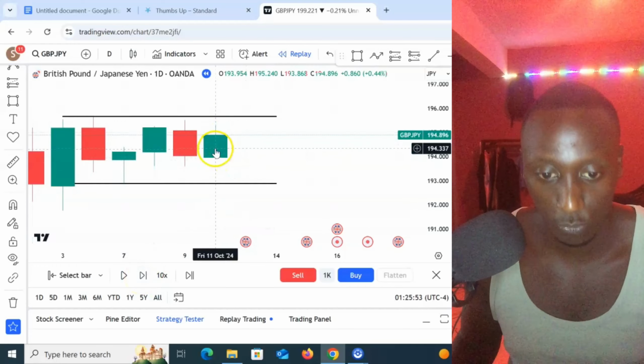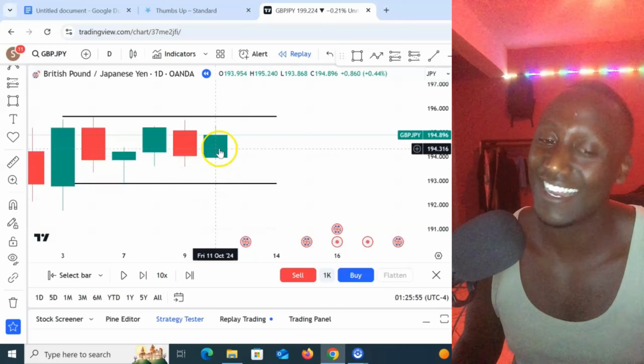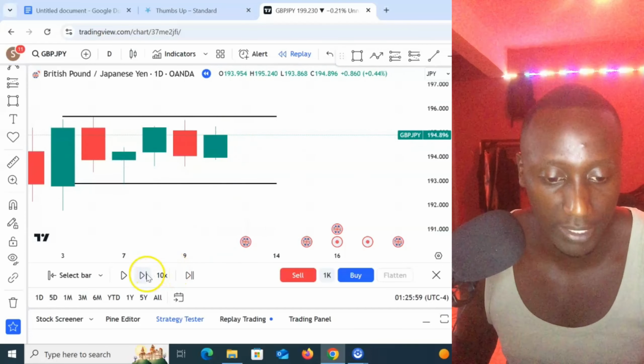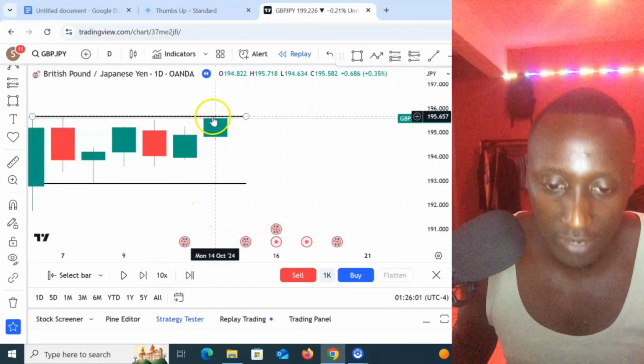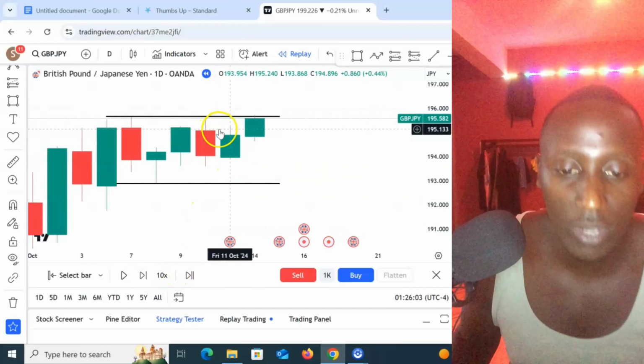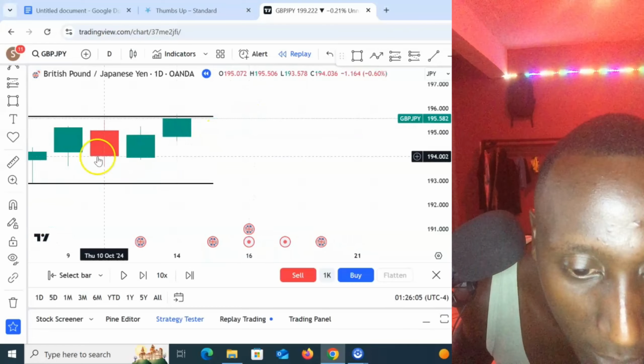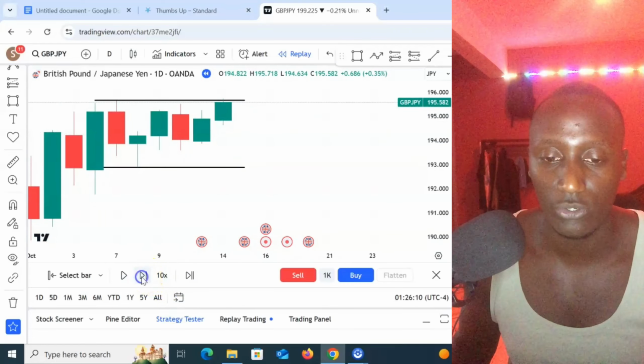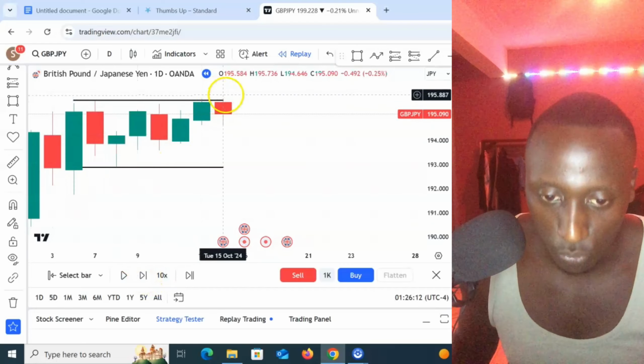On Friday, we continue buying and still we are inside. So I will continue buying until I see a breakout. What happens? We have another buy, and this one is a failed breakout on Monday. So now I'm looking for sells. What happens on Tuesday? On Tuesday, we sell.